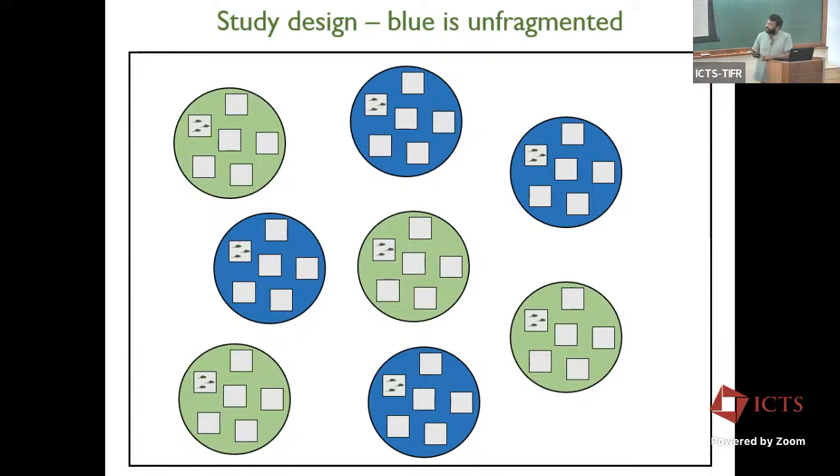Right. So you have a broader landscape. Within the landscape, you might have many sites. Can everybody make out the difference between these two colors? Yeah. So anyway, this is unfragmented. This is fragmented. So you have some sites that are fragmented, some sites that are unfragmented.